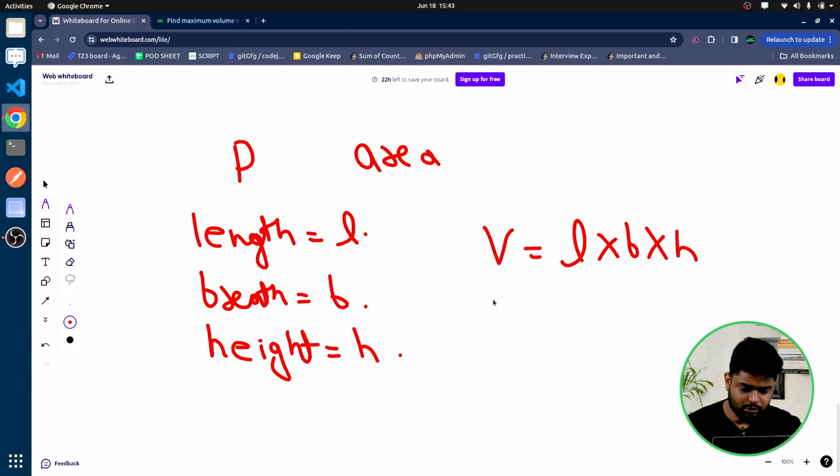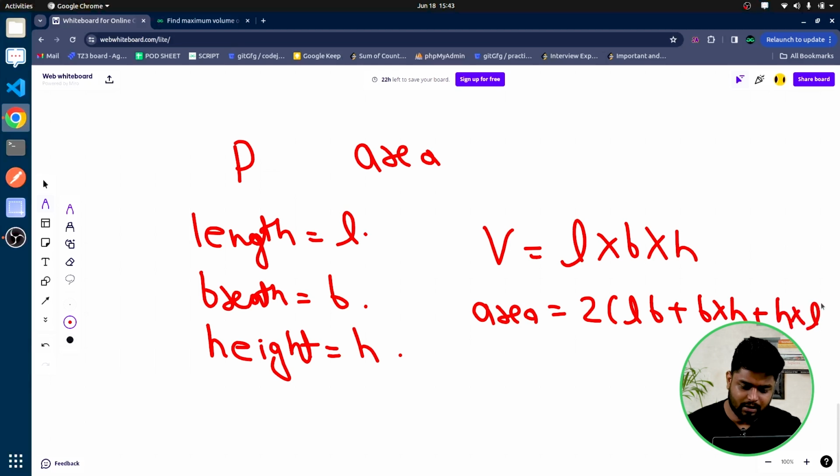Now when it comes to the area, the area is 2 times (L into B plus B into H plus H into L). So we know the formula for the volume, and we also know the formula for the area.